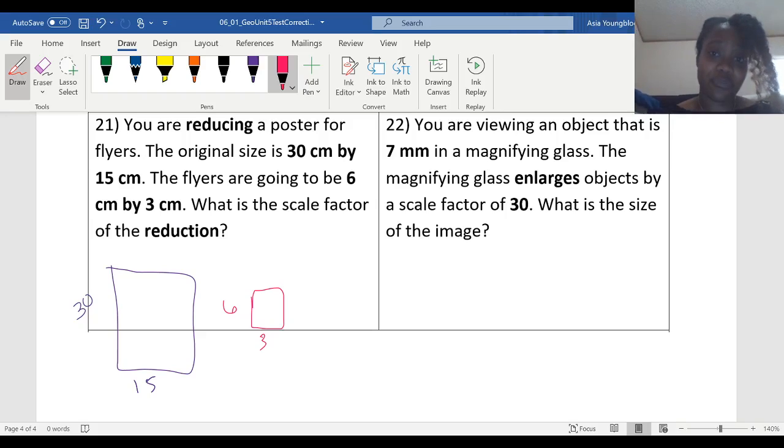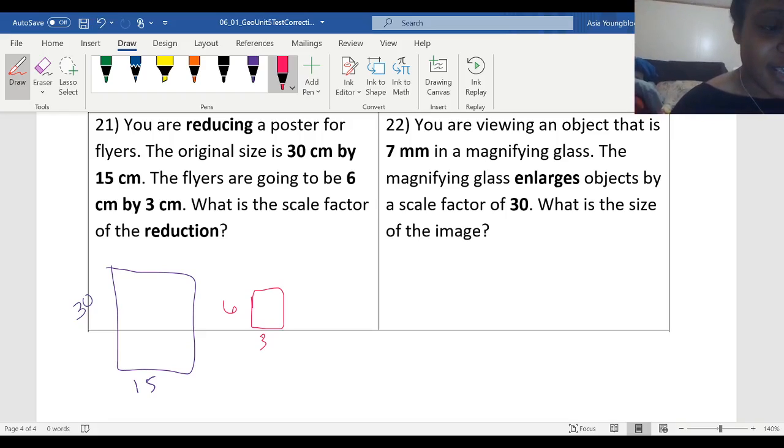So it's throwing some vocab words at you. Remember, enlargement means a figure is getting bigger, and reduction or reducing something means it's getting smaller. But because they ask for scale factor, you do still want to tell what is being multiplied in order to reduce the original poster to the flyer.